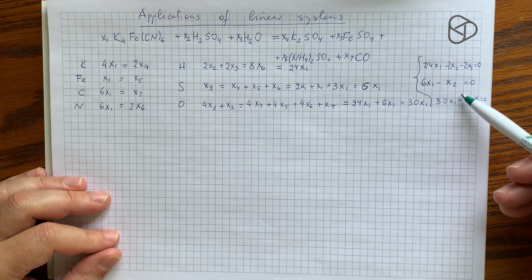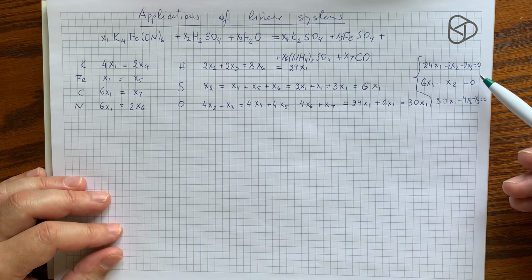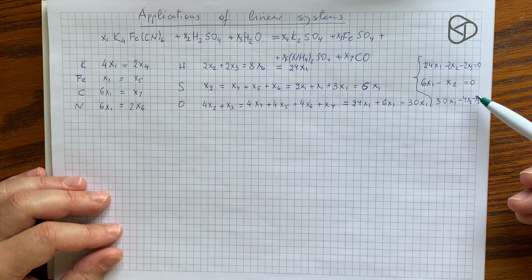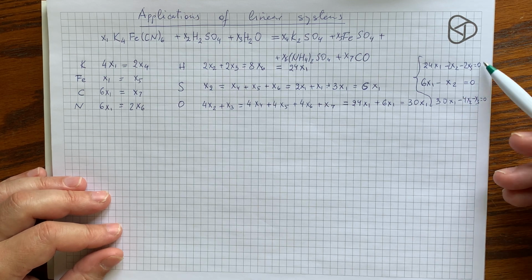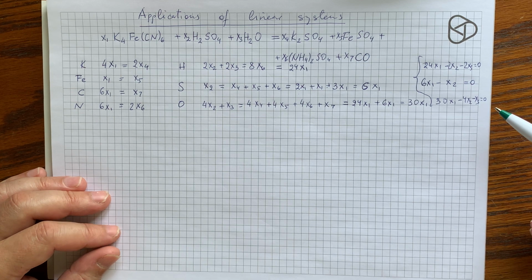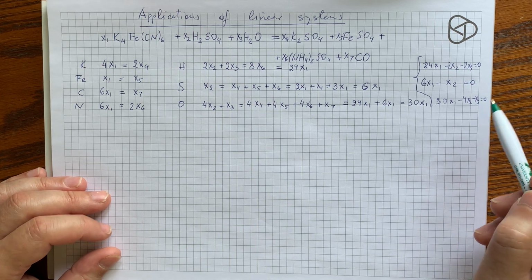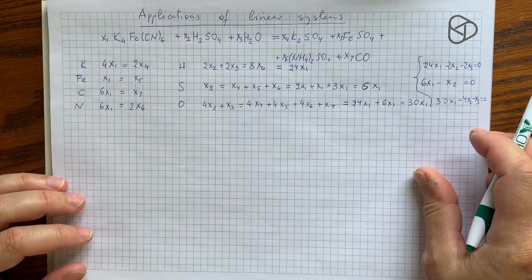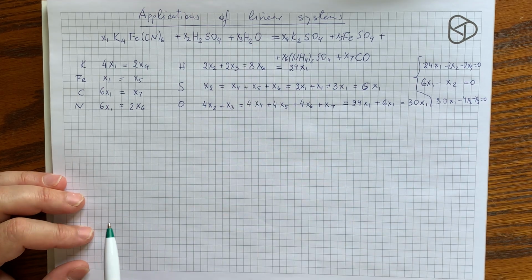What is interesting is having a non-trivial solution, and for that case the system should have free variables, because if all the variables are pivots, the only solution we will have is all zeros. So we need to have a free variable for that chemical equation to balance out.